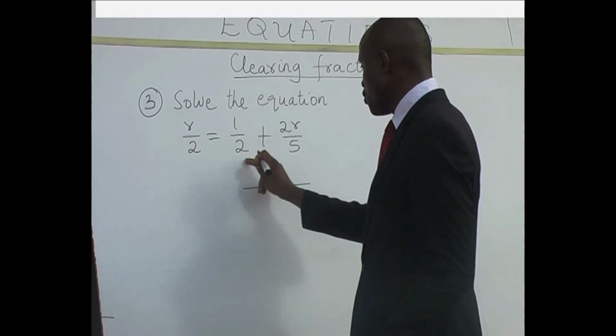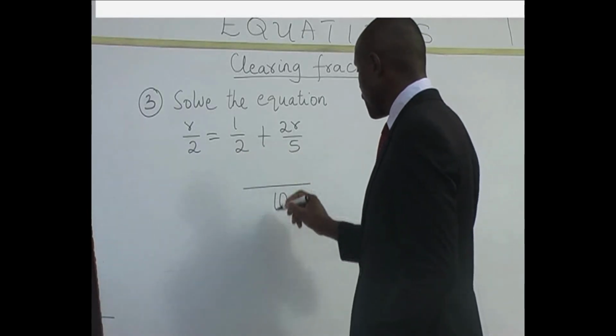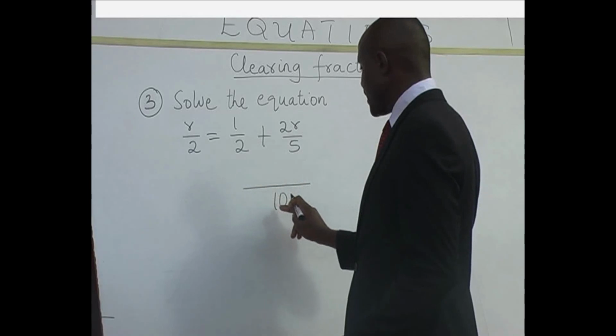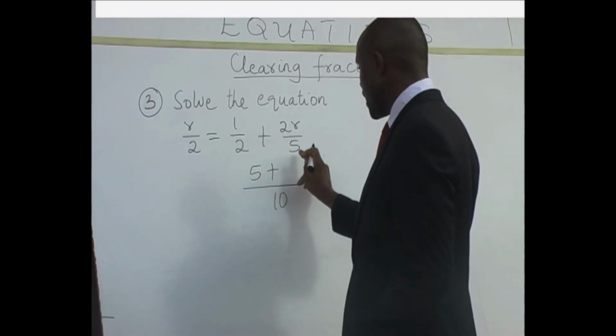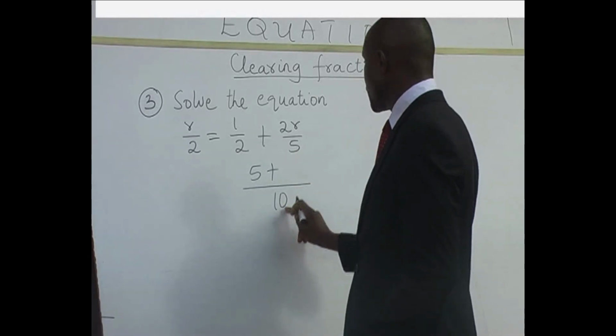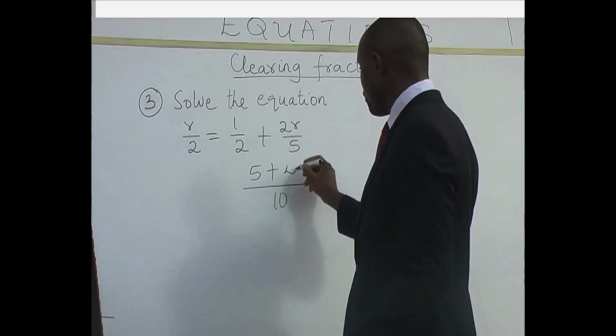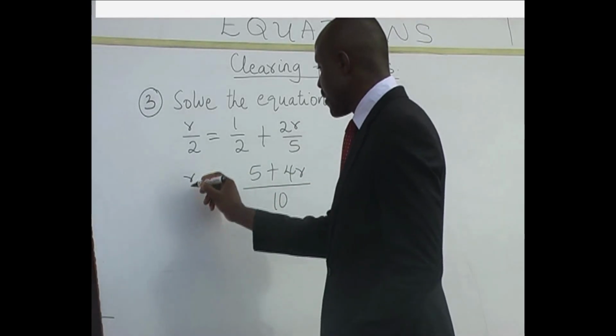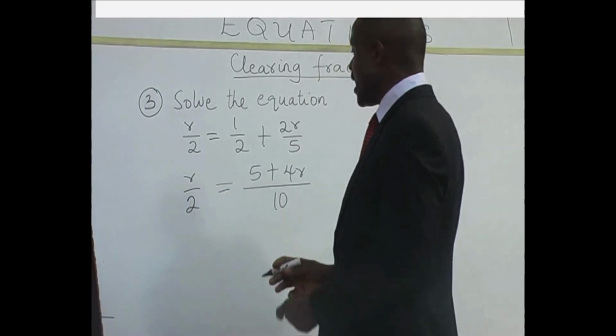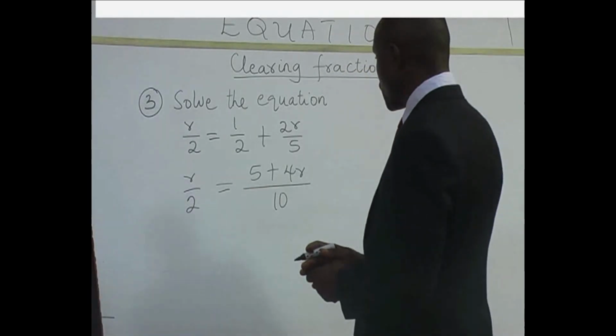The LCM of 2 and 5 is 10. 2 divides 10 is 5. 5 times 1 is 5. Plus 5 divides 10 is 2. 2 times 2r will give you 4r. Bring down r all over 2, which has been in the left hand side of the equation.